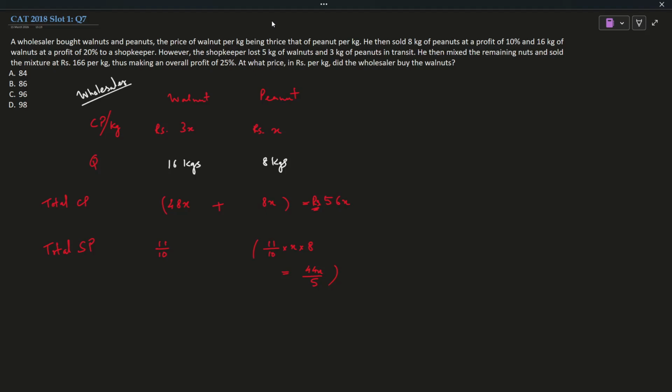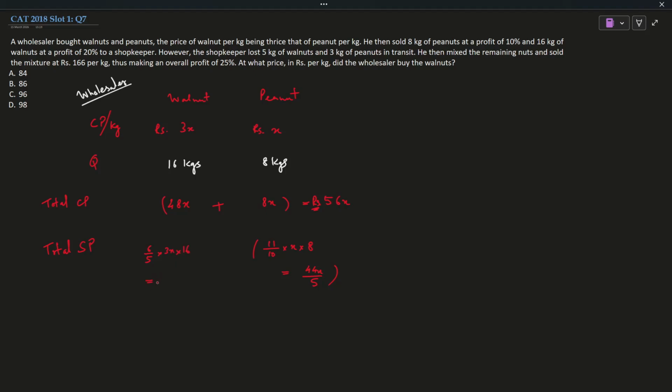And what is the total selling price for walnut? Walnut is 20% profit. 20% means 20 by 100, 1 by 5, so 6 by 5. So this will be 6 by 5 of 3x. How many kgs? 16 kgs.